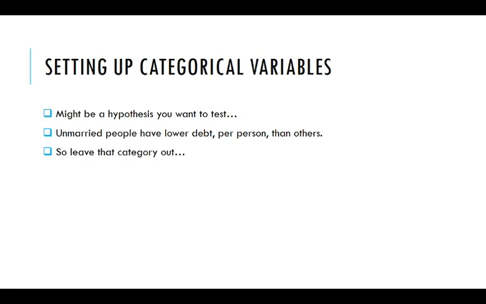Remember, then everything else is going to be evaluated relative to somebody who's unmarried. So if others have significantly more debt, then you would see positive coefficients. So you're trying to see if others have significantly more debt. Are those coefficients, those betas, positive, relative to being unmarried?